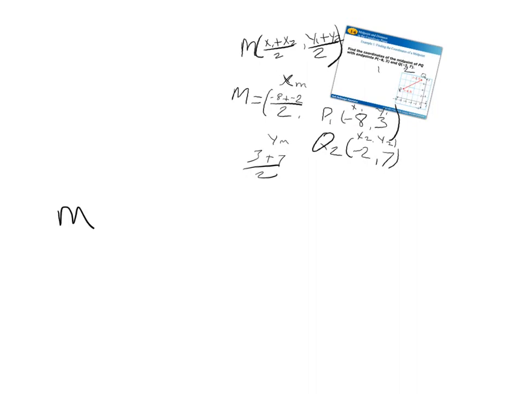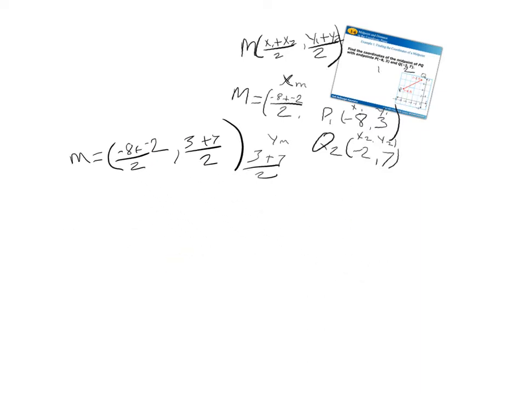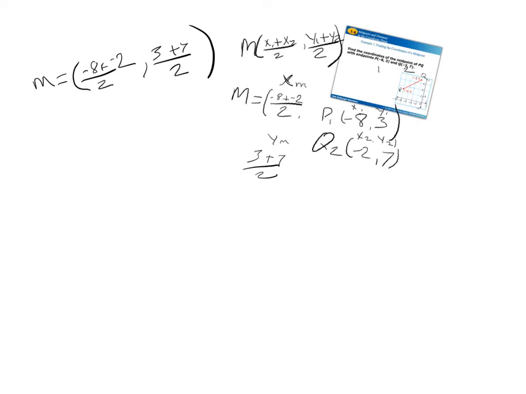So M equals negative 8 plus negative 2 over 2, comma, 3 plus 7 over 2. So this is x1 plus x2 divided by 2, y1 plus y2 divided by 2. Okay, now I'm going to solve for this.